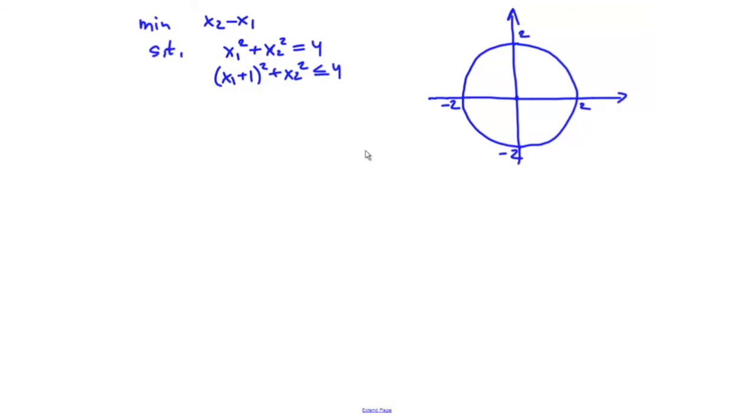In this case, the circle is centered at the point (-1, 0). So this will be the center of this circle, and the radius will be 2. So overall, the feasible region will be just given by this curve here, which is a part of the first circle.